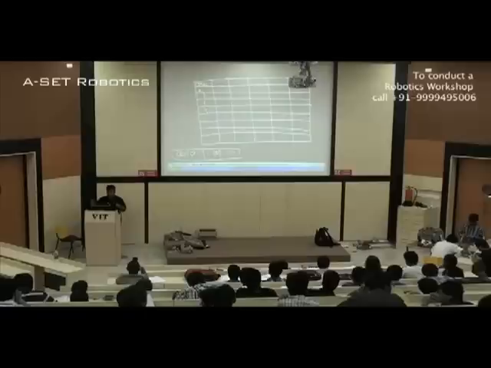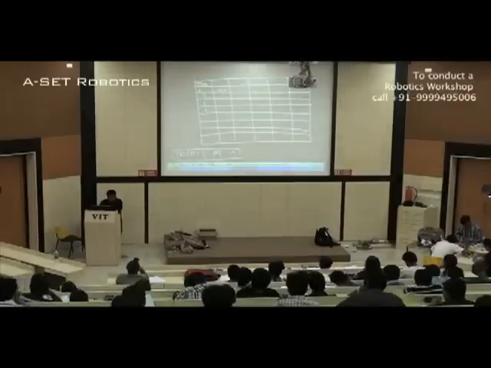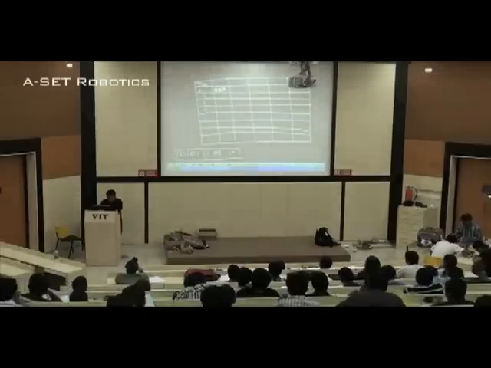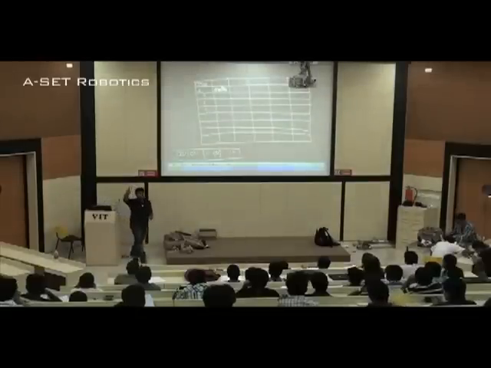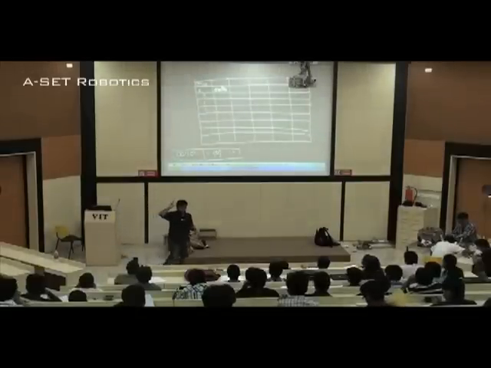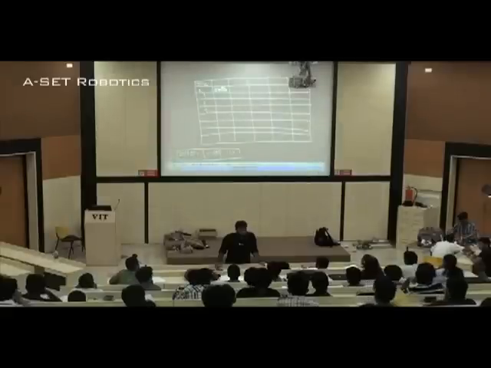Now, moving forward, all these memory locations would be occupied by some data, and when that data has to be accessed, we contact that memory location. What are the two basic operations that we can do with memory? Read and write.